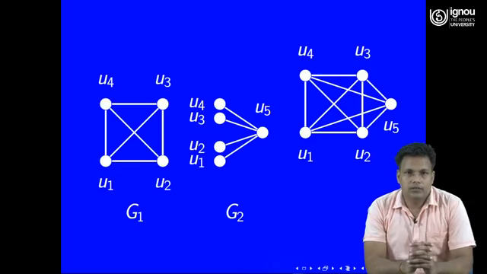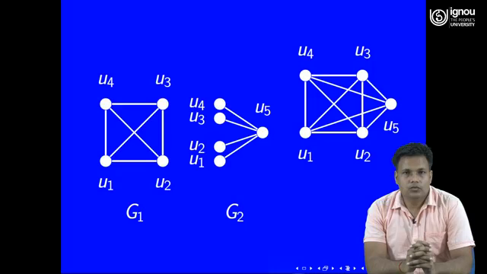Similarly, if you consider two graphs G1 and G2, here G1 is the same graph as we have taken previously, and G2 is a graph which consists of 5 vertices U1, U2, U3, U4, which are the same as the vertices in G1, and U5 is a new vertex.